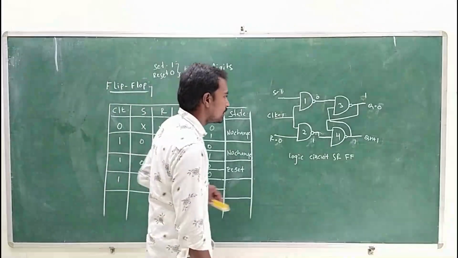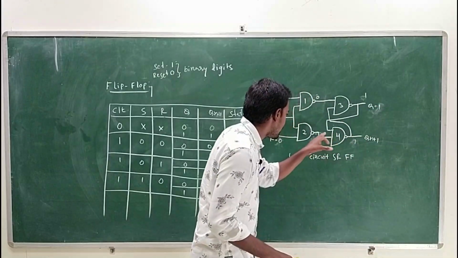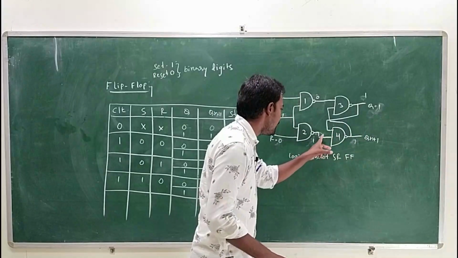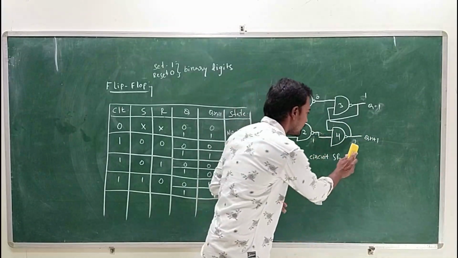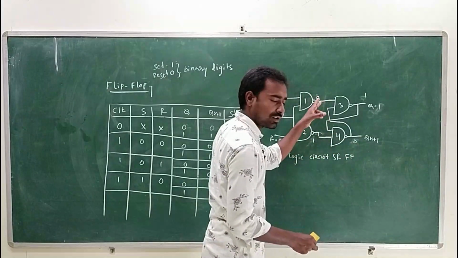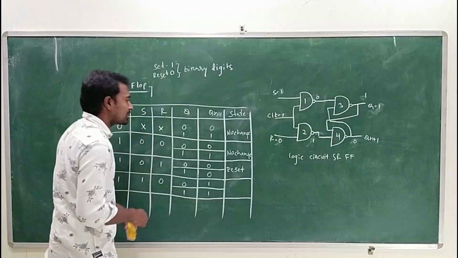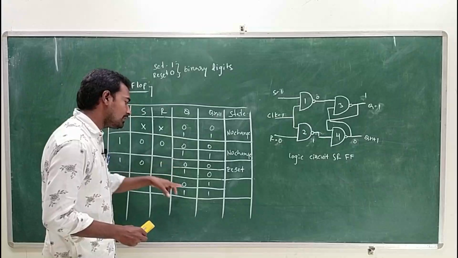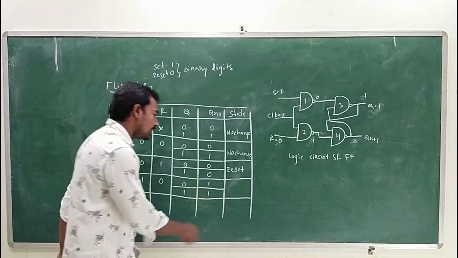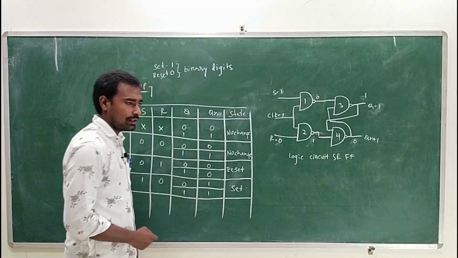For Q is equal to 1 in this condition, and this 1 cross 1, that means this is the input for the fourth NAND gate, 1 cross 1 is equal to 1, 1's complement 0, and again 0 cross 0 equal to 0, 0 complement 1. So whatever the present state inputs, 0 or 1, we are getting the output is equal to 1, so this state is treated as set condition.